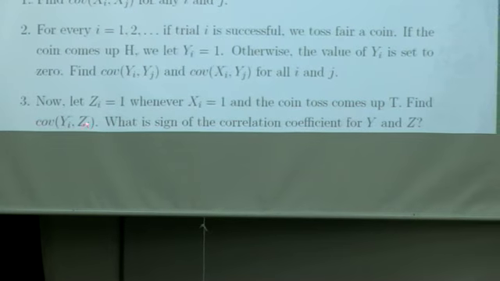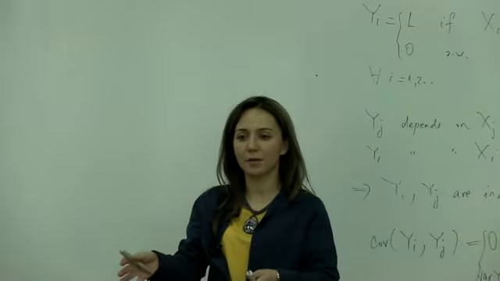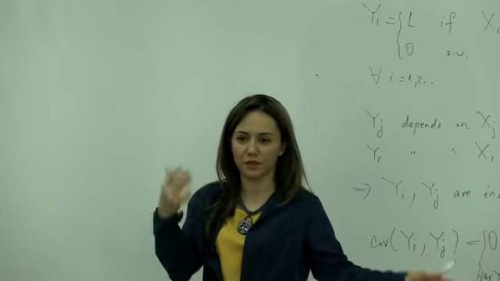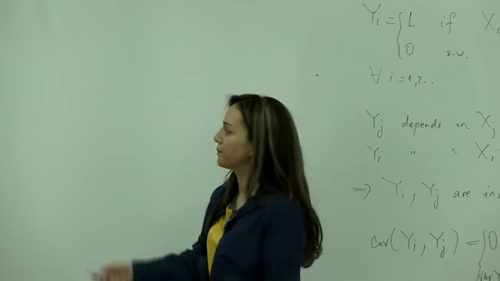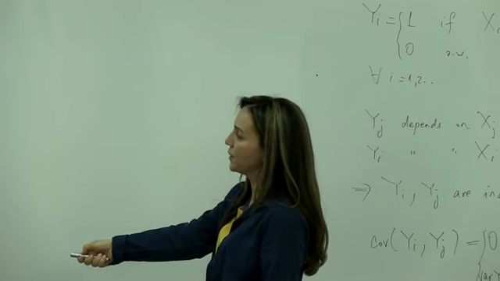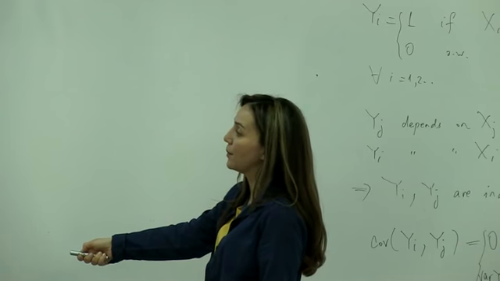Find the covariance of y sub i and z sub i for the same i. Well, first of all, for i and j, the covariance of y sub i and z sub j would be 0. That's clear after this much discussion. But what is interesting is the covariance of y sub i and z sub i particularly.